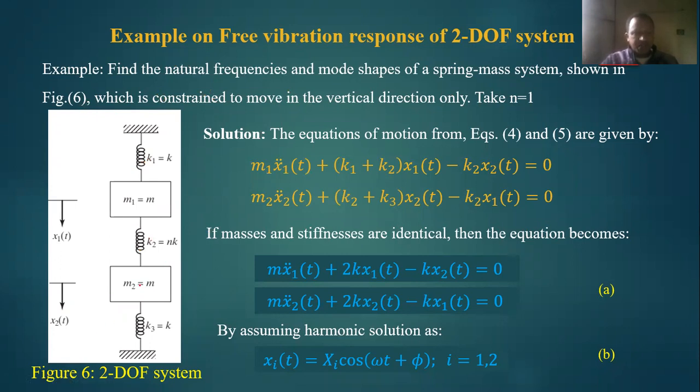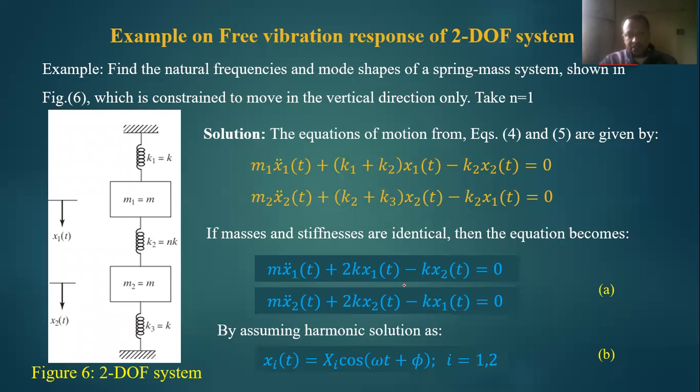This is our figure 6, a 2 degree of freedom system, having K1 equal to K, K2 equal to n times K, so for n equal to 1 it is also K, and K3 equal to K. All of them are K. The motion of M1 is x1 of t, the motion of M2 is x2 of t. So the equations of motion from the equilibrium condition are this and this.